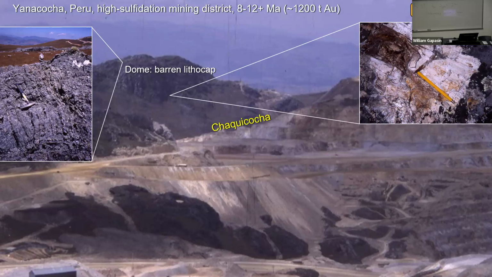It's bare on the surface, although the 200-meter deep Chaquicocha deposit is right on its margins. This is the Carachugo deposit through here. We won't go into discussing that. So this is a case where we now know what the paleo groundwater table was.